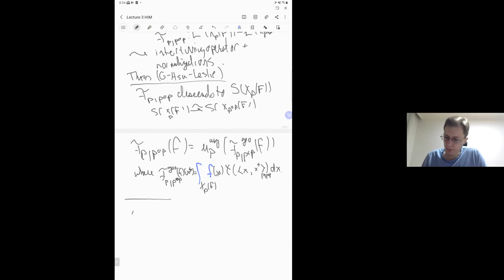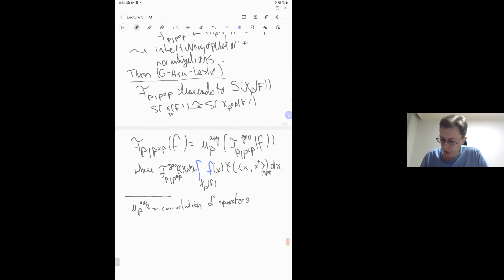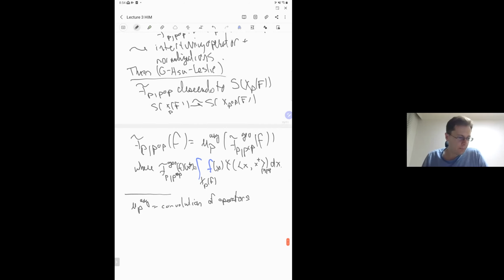Okay, so how do you define these mu p aug? Well, it's a convolution of operators that were introduced by Braverman and Kazhdan, and they have the following form.